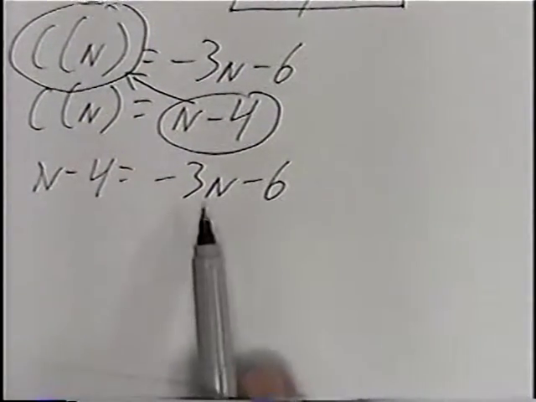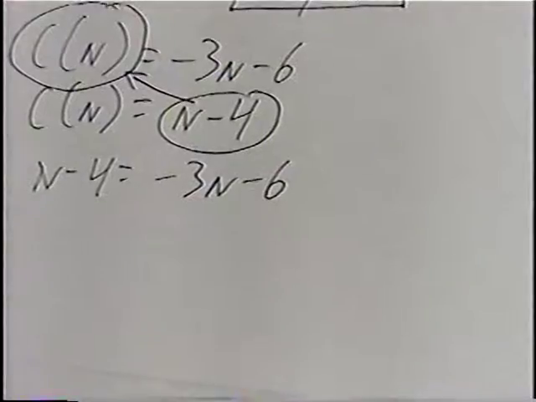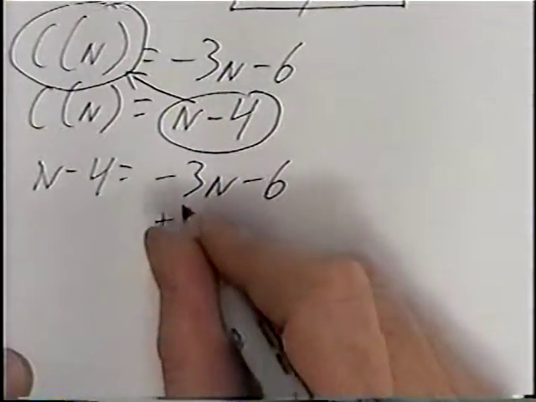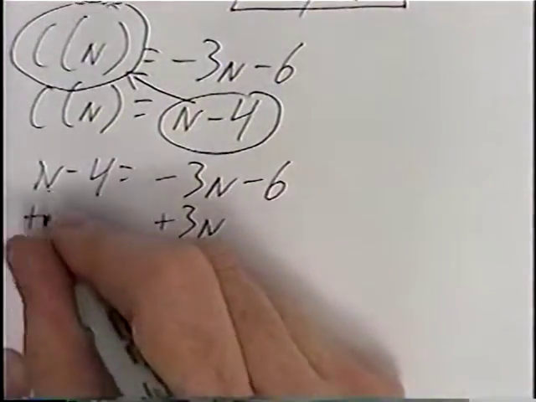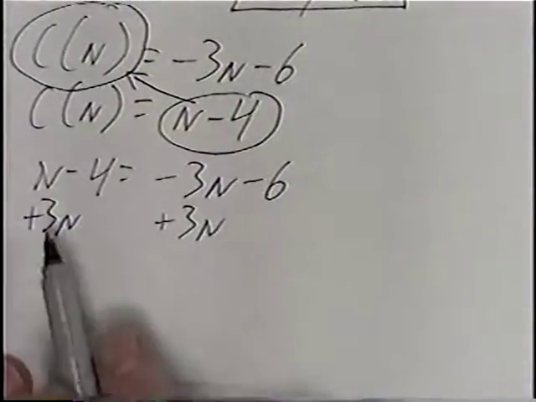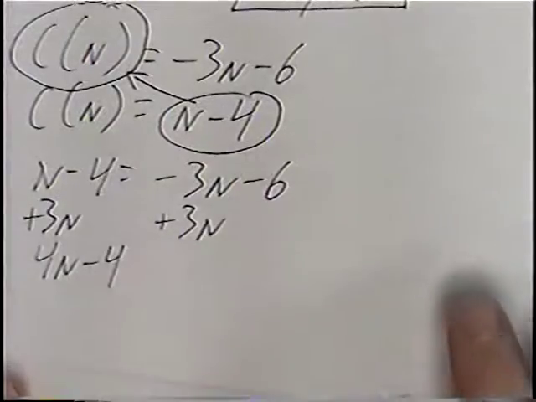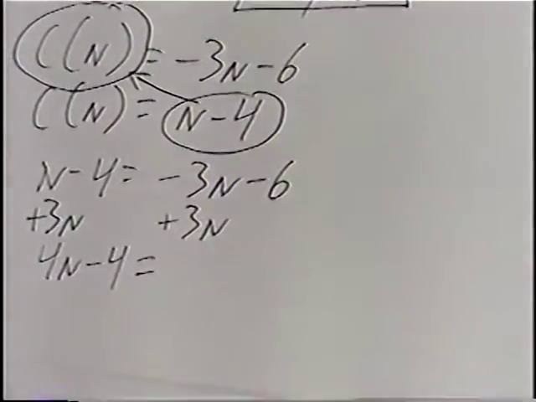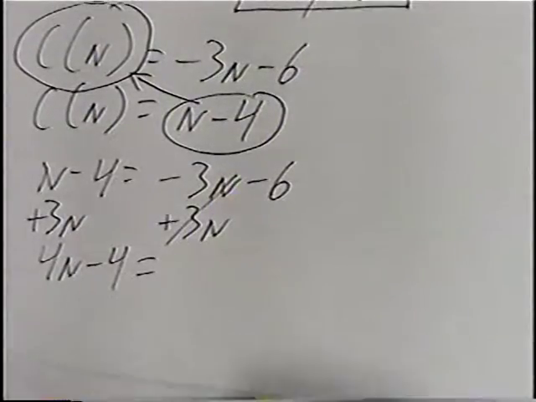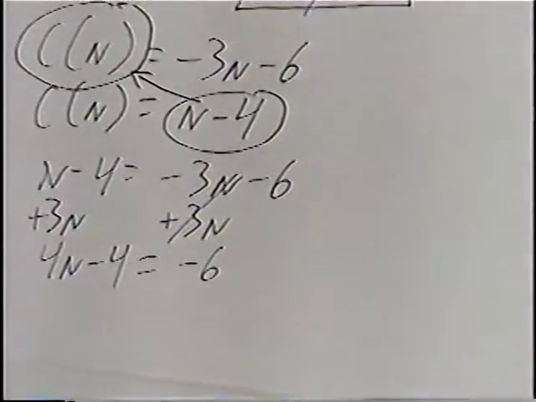Solving this equation, we want to combine like terms or move all the variables to one side. Opposite of minus 3n would be add 3n. n plus 3n would be 4n. Minus 4 equals. Minus 3n plus 3n would cancel, and we have negative 6.